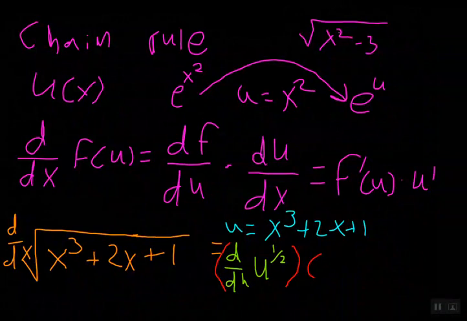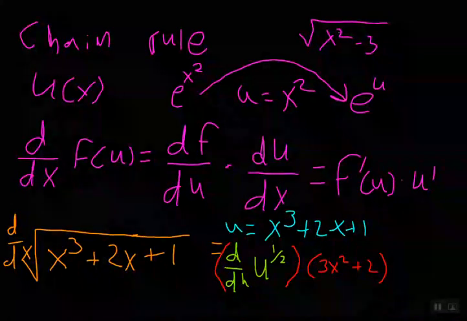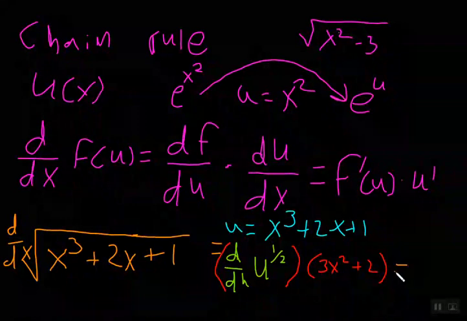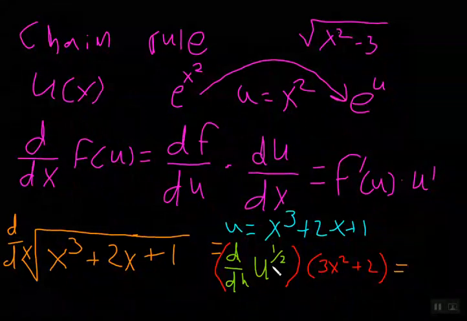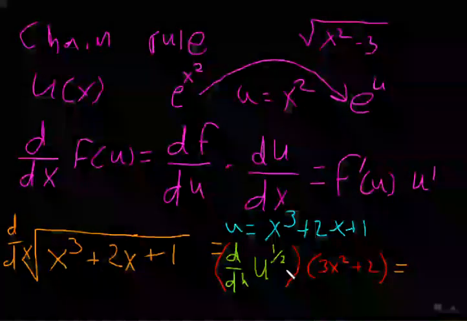The derivative of u is going to be 3x squared plus 2. And now we know that the derivative of u to the 1/2, we take this power down, so 1/2 times u to the negative 1/2, so that's 1 over 2 root u.